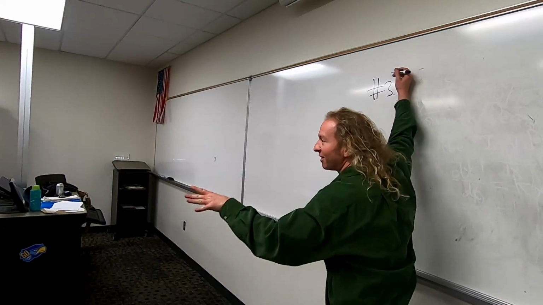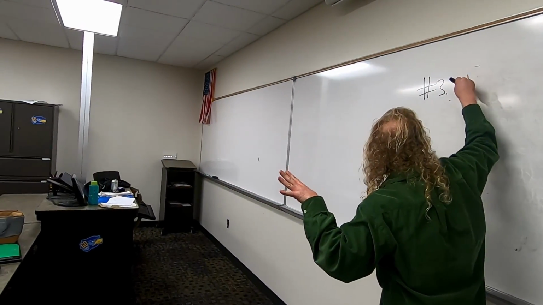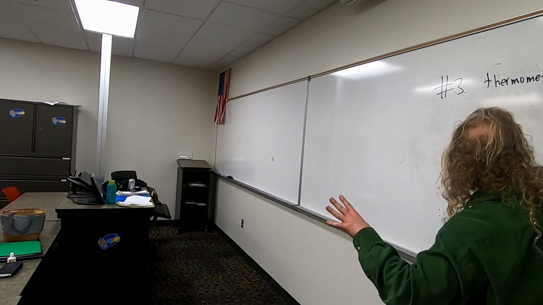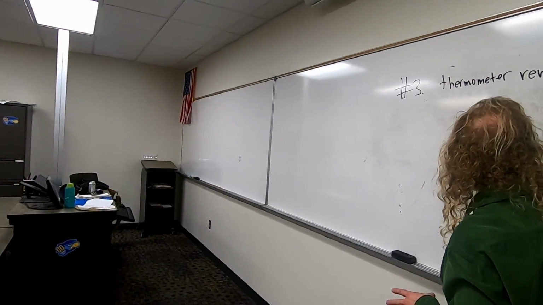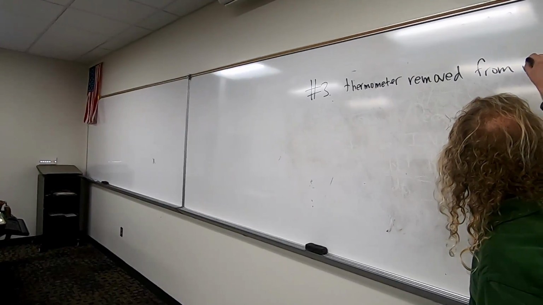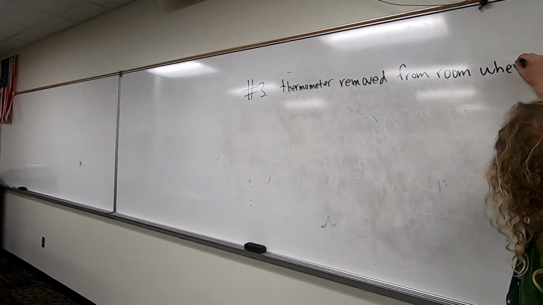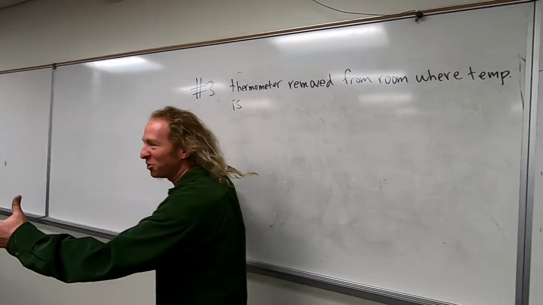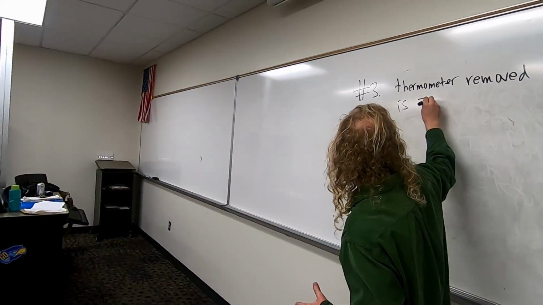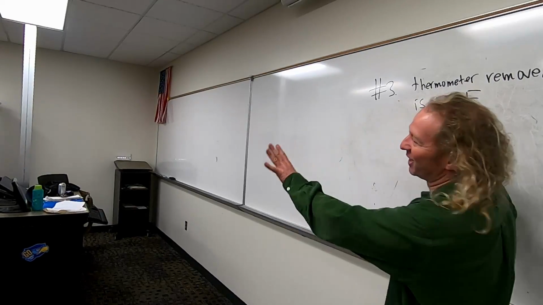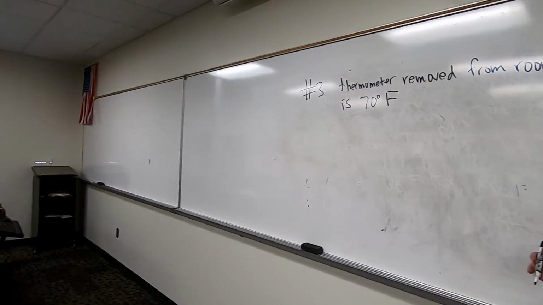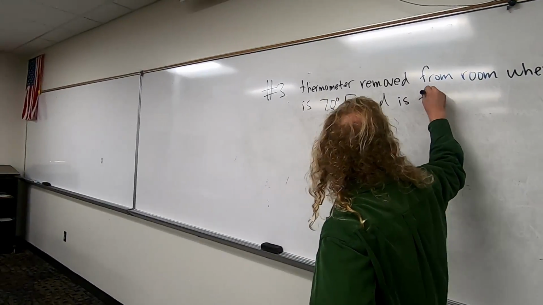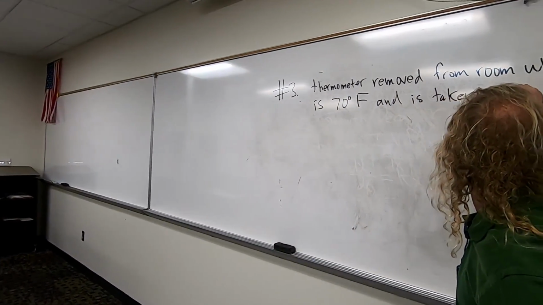A thermometer is removed from a room where the temperature is 70 degrees Fahrenheit. Thermometer removed from room where temp is 70 degrees Fahrenheit, and is taken outside where the air temperature is 30 degrees.